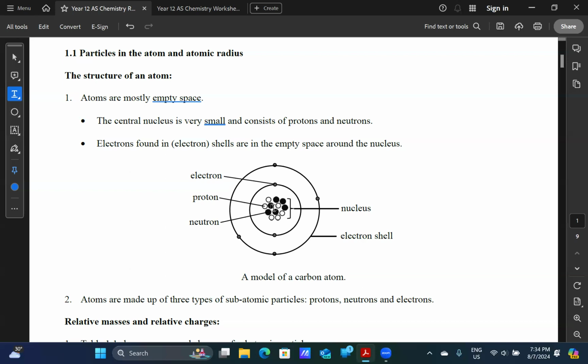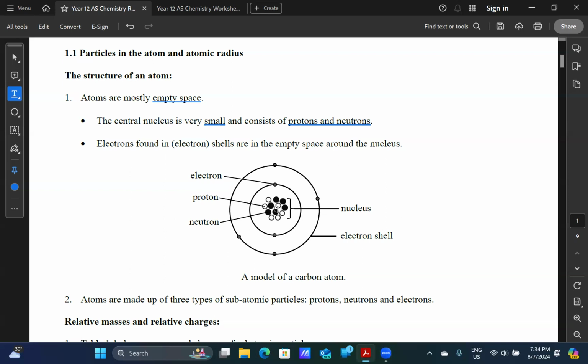It's very tiny. As you can see from this model, the nucleus consists of protons and neutrons. Protons and neutrons are found inside the nucleus. And when you want to tell the location of the protons and neutrons, you may use this phrase: inside the nucleus.